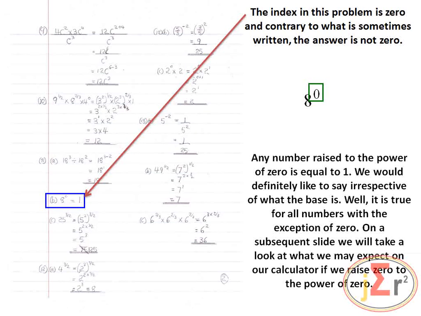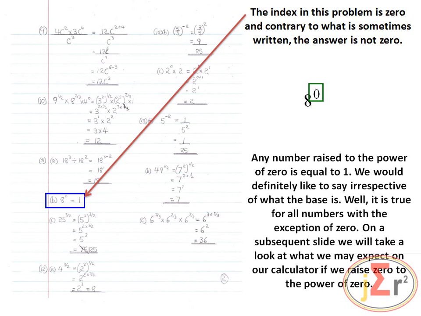On a subsequent slide, we will take a look at what we may expect on our calculator if we raise 0 to the power of 0. So we will not take a look at it immediately, but we are saying when we raise a number to the power of 0, the result should be 1 all the time.